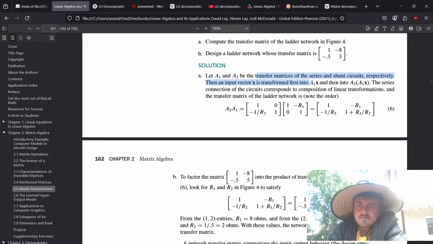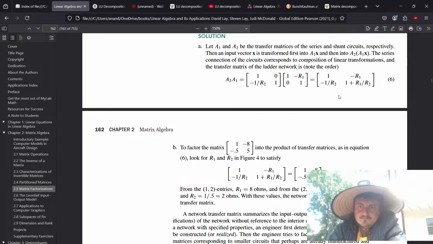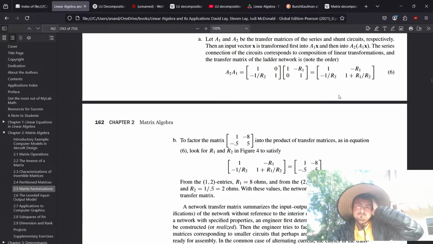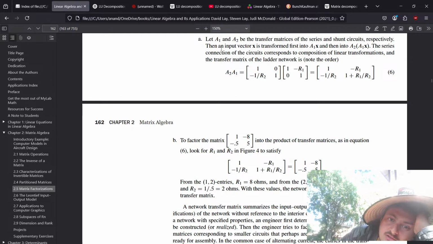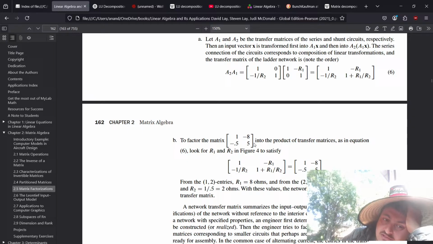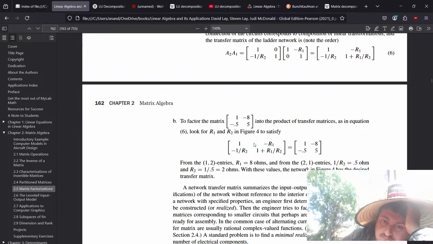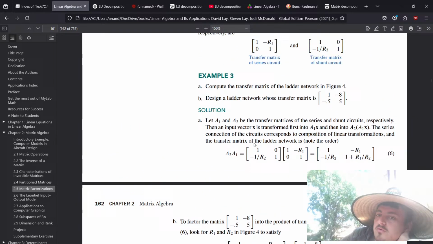Let A1 and A2 be the transfer matrices. Then the input vector is transformed. Okay, just note that it's A2 A1. To factor the matrix into the product of transfer matrices. I mean, it doesn't have to be upper and lower triangular, right?